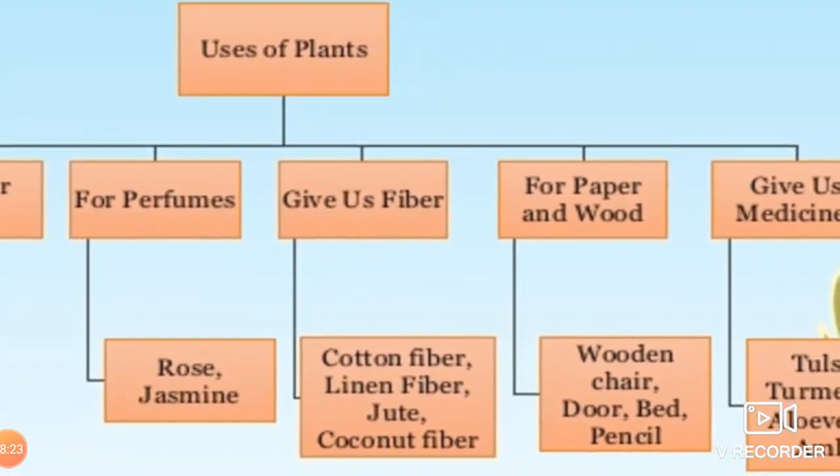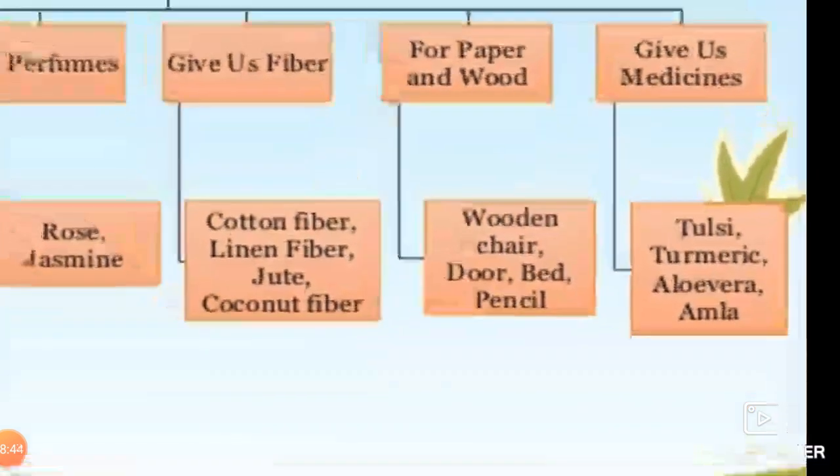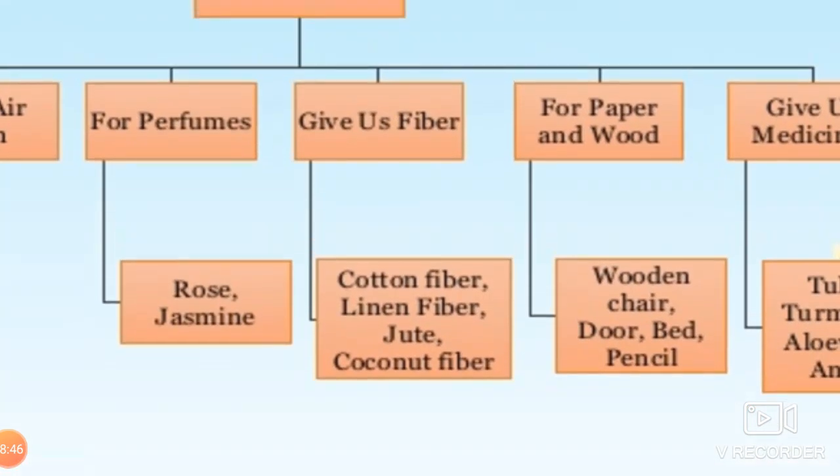Give us fibers. Some plants give us fiber and that fiber is used to make clothes. Examples of these plants are cotton plant, jute plant, coconut plant. We get cotton fiber from cotton plants, we get jute from jute plants, and we get coconut fiber also from the coconut plant.